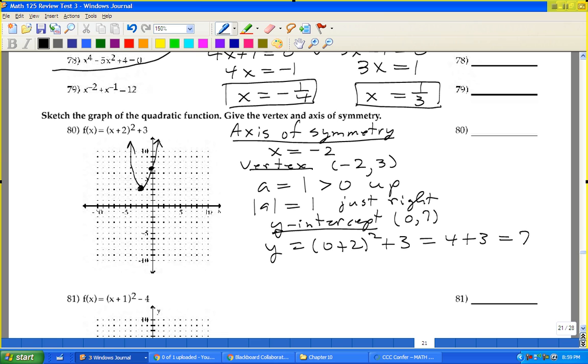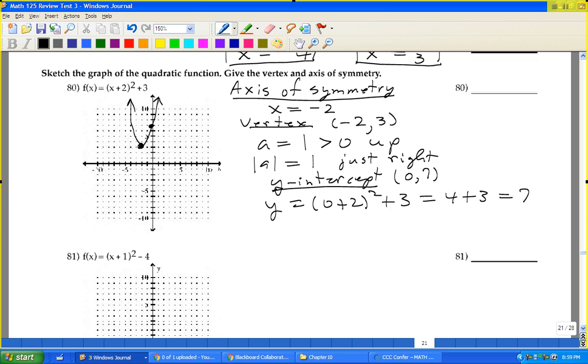So that's what the graph should look like. Okay? Any questions about that? So it goes through the vertex, which is at negative 2, positive 3, and then it has a y-intercept at 7. And then you just sort of sketch the graph there.